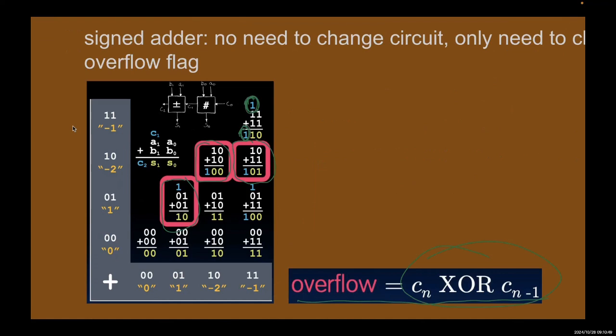If both of them are 1, then it's not overflow. If neither of them is 1, there's no overflow. Only when exactly one of them is 1 is it overflow, which is just the XOR. The overflow flag equals Cn XOR Cn minus 1. This is Cn, this is Cn minus 1. Is that clear? Yeah.